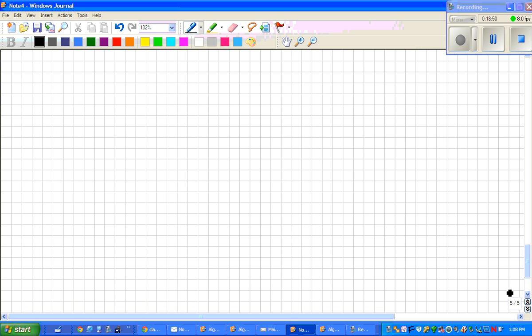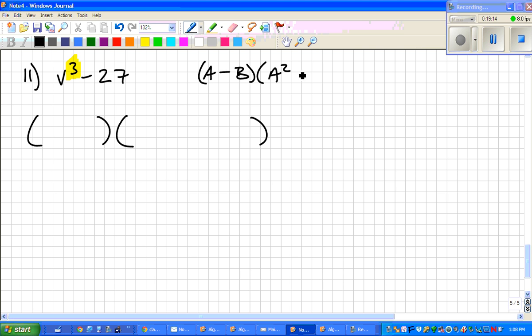All right, 2 more for the factoring. We get v cubed minus 27. Now, the thing I noticed right away is that it's cubed, okay? And that's where we get into that pattern of a minus b, a squared plus ab plus b squared, okay?